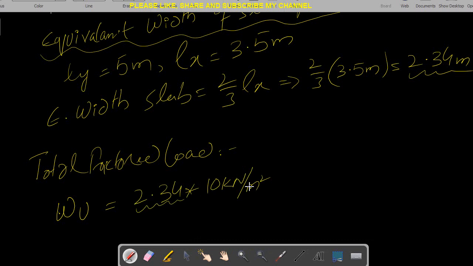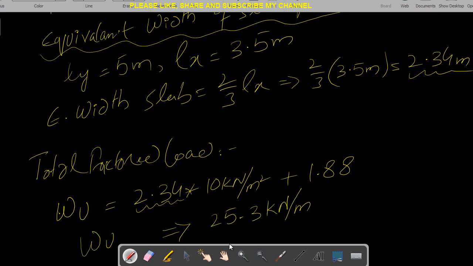So we multiply this with that load plus the load of the beam, 1.88. From this I got 25.3 kilonewton per meter. This is my WU right now.